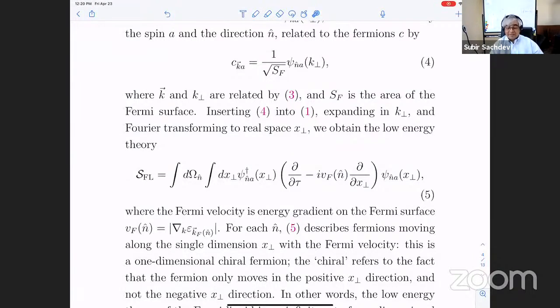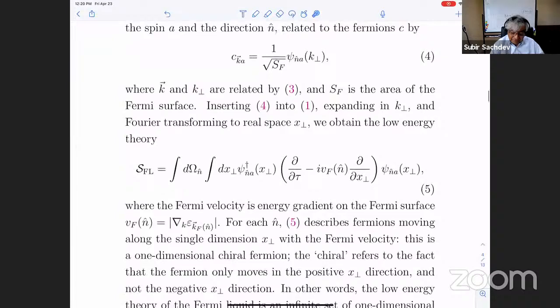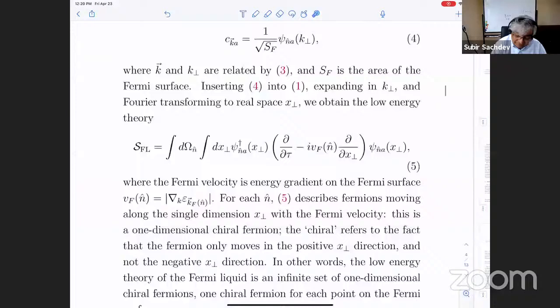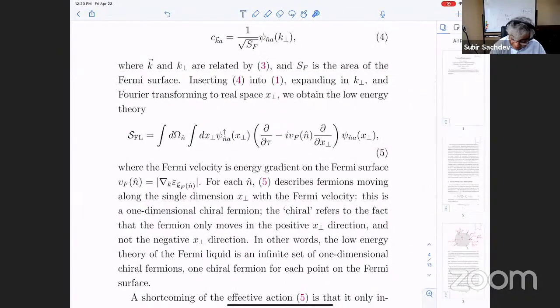That's a perfectly adequate theory for that purpose. But suppose I want to compute the lifetime, some scattering of quasiparticles. This theory won't do it, and I'll show you the theory that does. In general it's a difficult problem, because of the following issue.